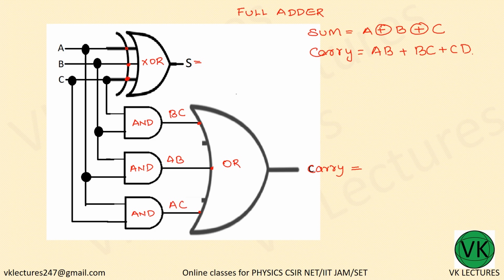So carry is equal to AB plus BC plus AC. So this is sum and carry, and this is the circuit for a full adder, where you use digital circuit in the form of XOR, AND and OR.